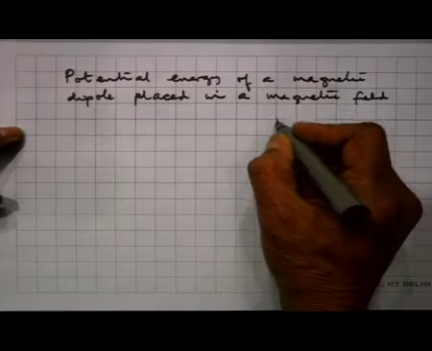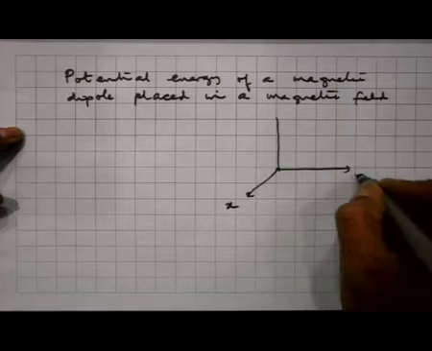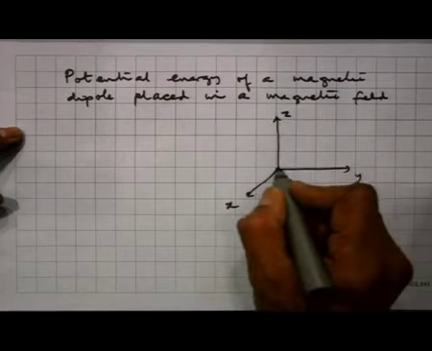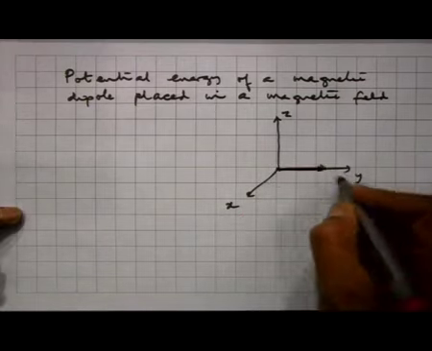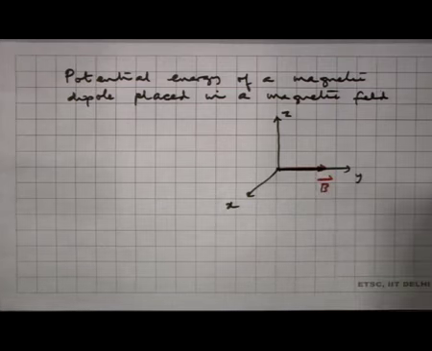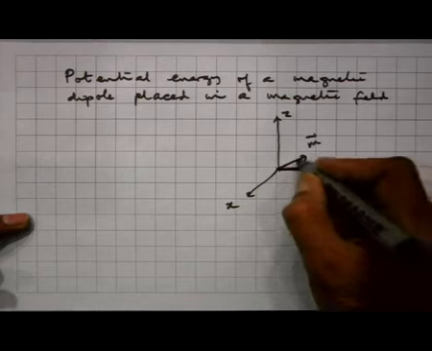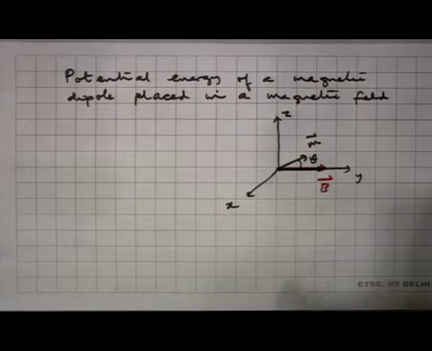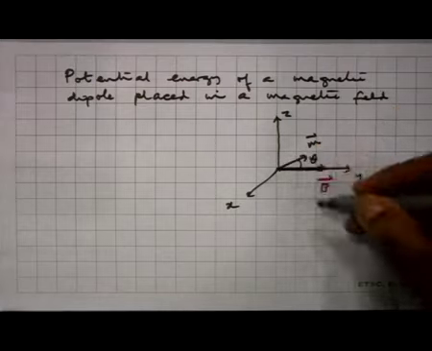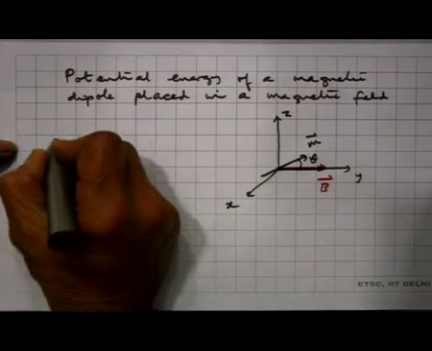So, let me take a particular axis, x, y, z. Let me assume a magnetic field like this. So, B field is like this, and let me assume a dipole placed like this, making an angle theta with the magnetic field direction. So, the current carrying coil is like this to give a magnetic dipole moment. There is a magnetic dipole which is pointing at an angle theta with the magnetic field. What is the expression for the magnetic field?